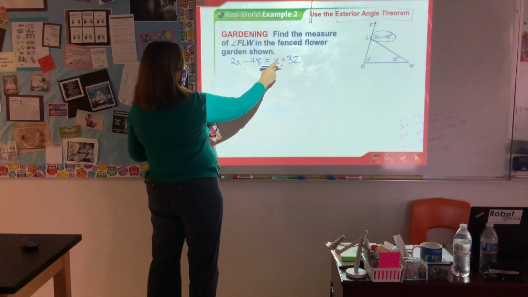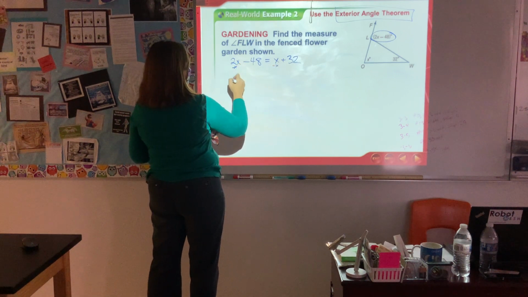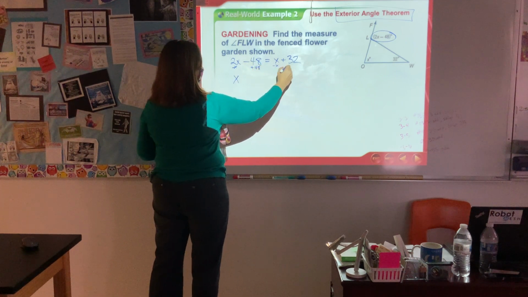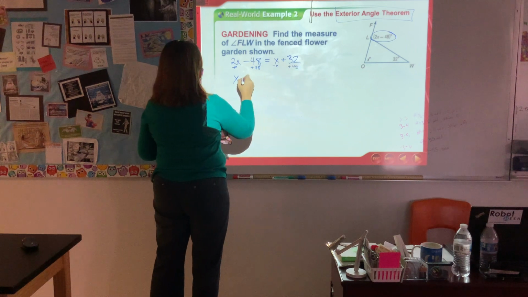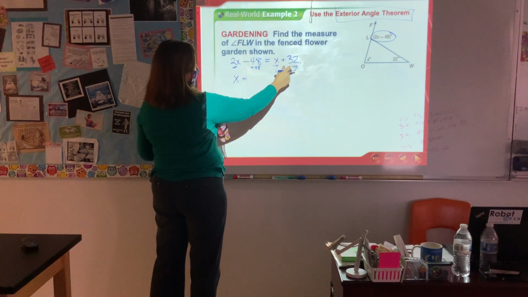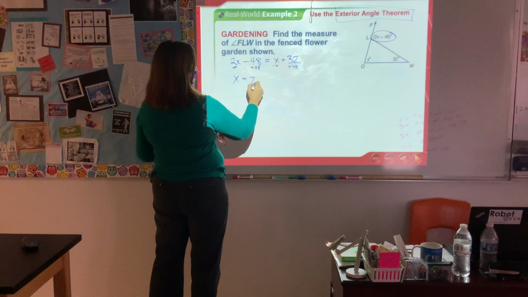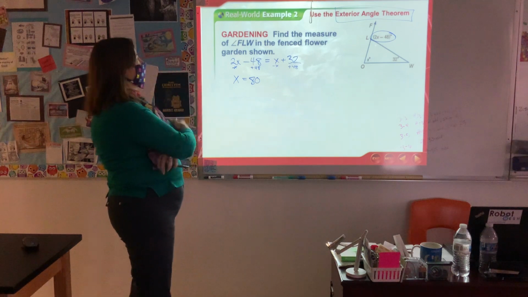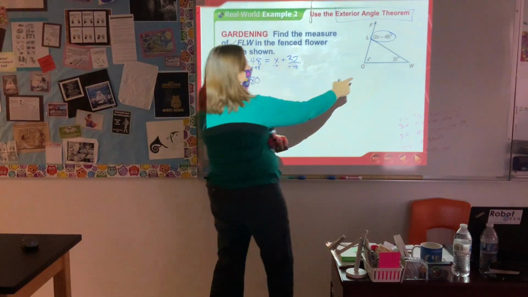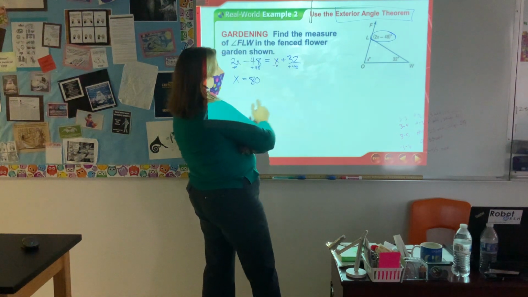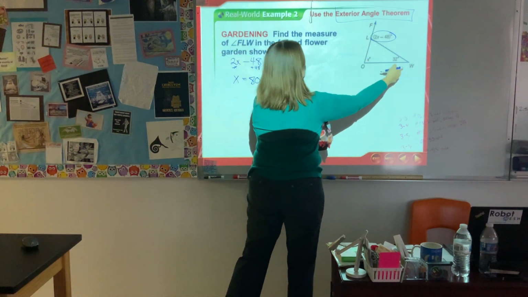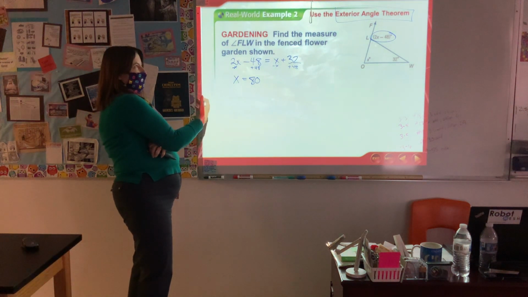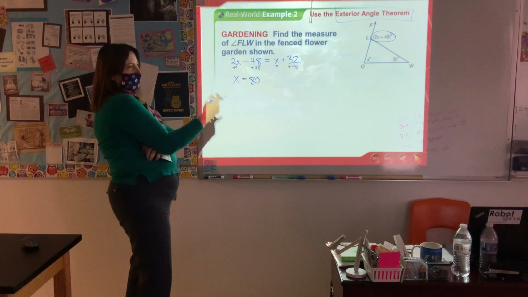We're going to solve for x. Subtract x on this side, subtract x, I'm left with x. We're going to add 48. We have 0 left on this side, but this side I have 80. X equals 80. Okay, so that solves for this. But we needed to find out what angle FLW is, not just x. We're not done. How do I find FLW rather than just x?